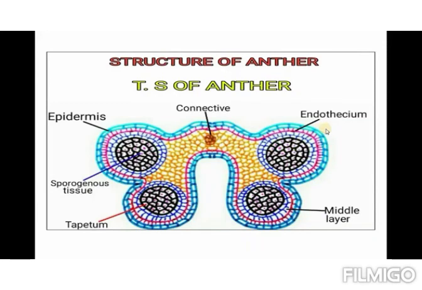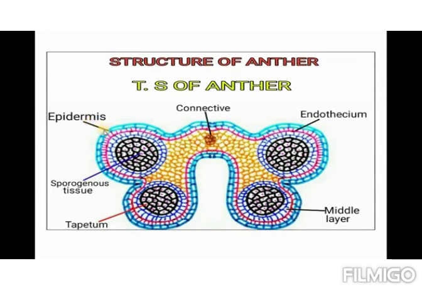Okay, before studying that, we will study the structure of anther. If we study the structure of anther, it has four walls. See, the outermost is called the epidermis. We can see here, the outermost wall is called the epidermis.